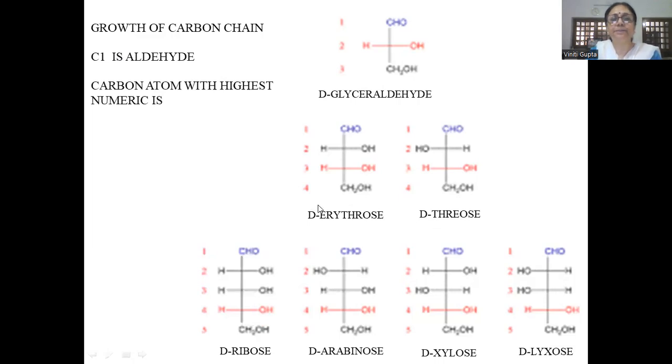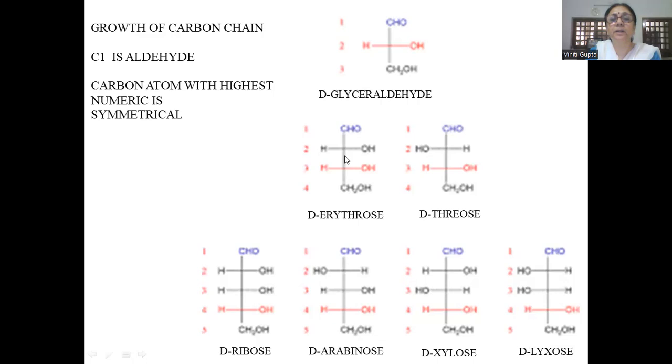We have the carbon with highest numeric is symmetrical. That is 4. Here 3. Here 4. Now here you see that in this molecule, OH is on the right side and in triose, OH is on the left side. Why can this happen?